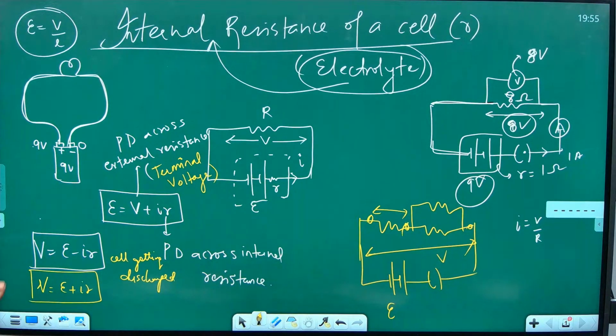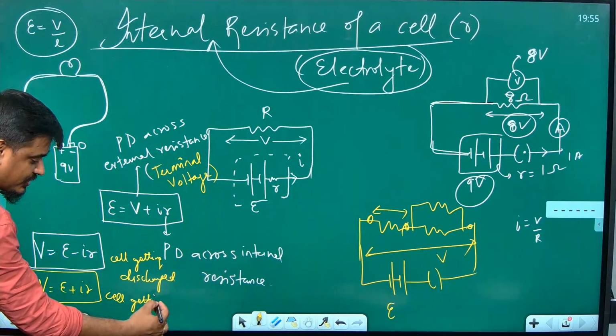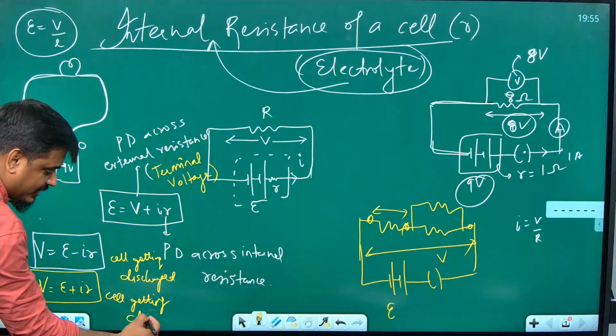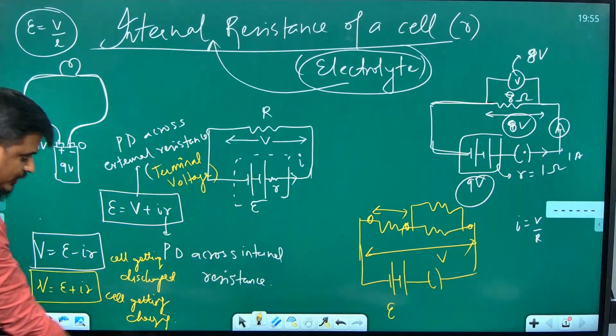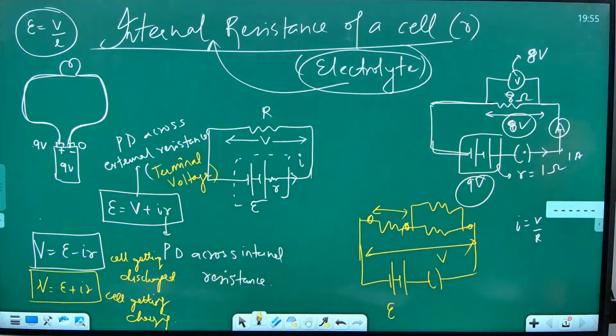Because it has the capability of getting charged once again. In that case, V will become equal to E plus IR. So this is the formula when the cell is getting charged. So while charging, V is equal to E plus IR, while discharging, V is equal to E minus IR.